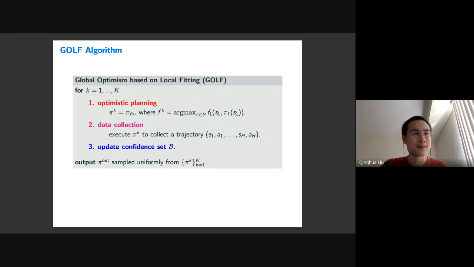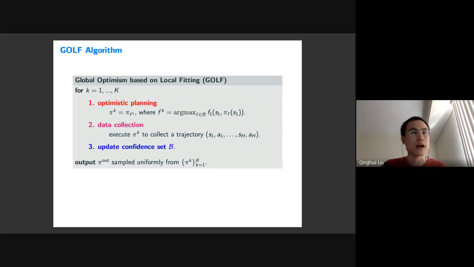So the first step is still optimistic planning. We maintain a confidence set denoted as B here. In this step, we iterate over all the functions in this confidence set and pick the one that has the largest value at the initial state. And the policy we execute is simply the greedy policy induced by this f_k.